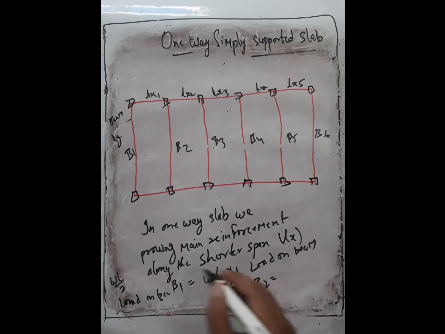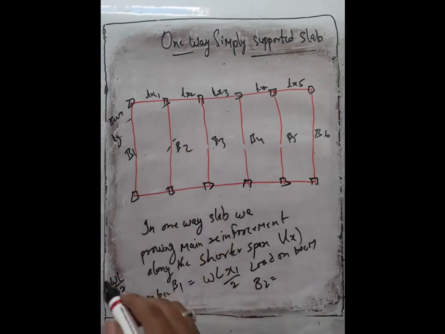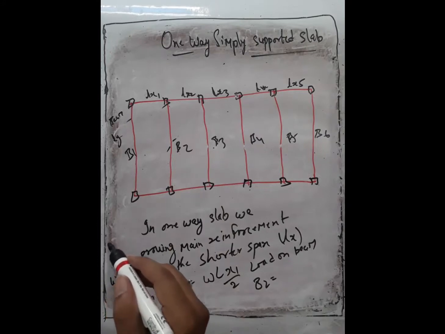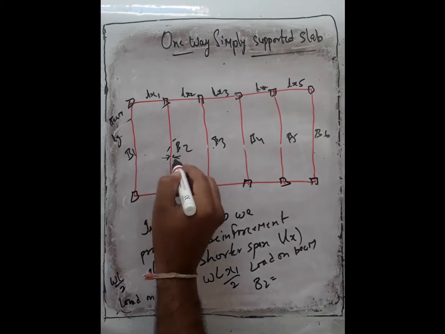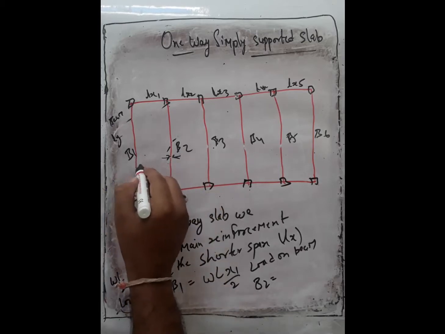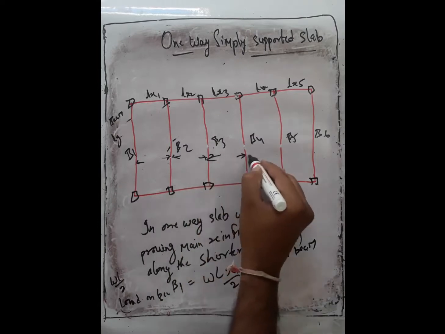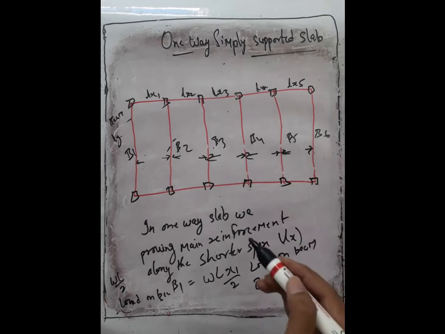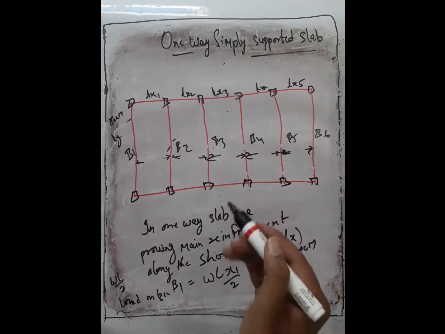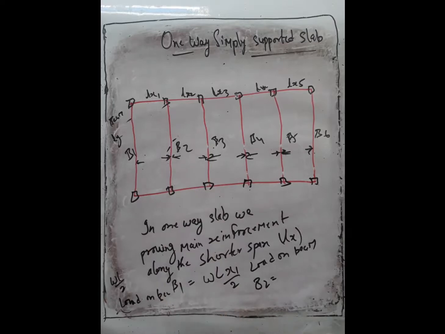Same for the load on beam B2. In case of B2 we have two slab panels, one from this side and one from that side. In B1 only one side has a panel. Same in case of B3, B4, B5, and here is B6. In that condition we have two panels, meaning they transfer the load in two ways.